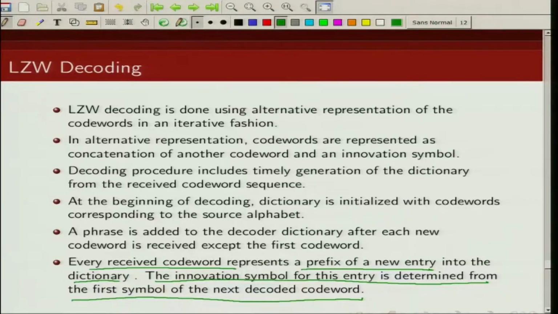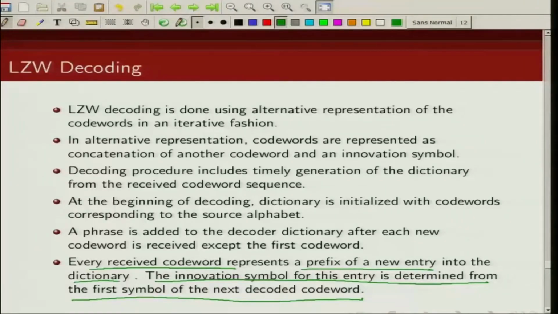If you recall, when we were encoding using LZW, we were putting a new string into the dictionary which was not already there, which is a concatenation of some string which is already there plus an innovation symbol. This new innovation symbol was getting encoded in the next phrase. That's why the innovation symbol for an entry can be determined from the first symbol of the next decoded code word.